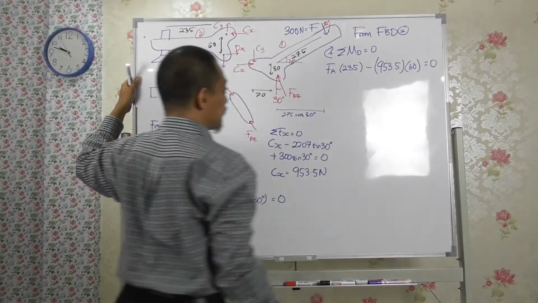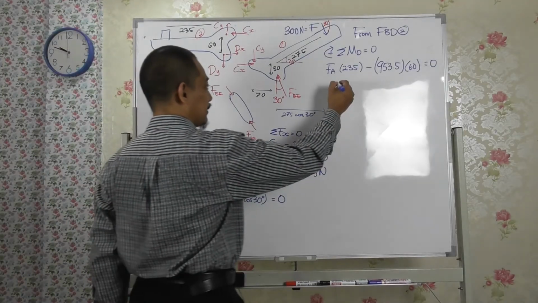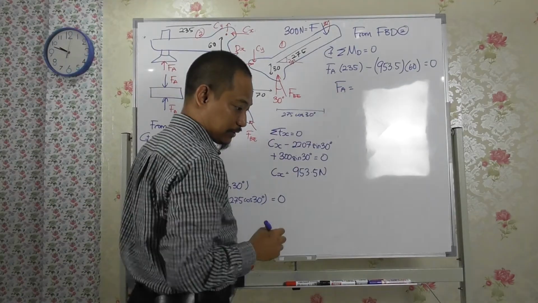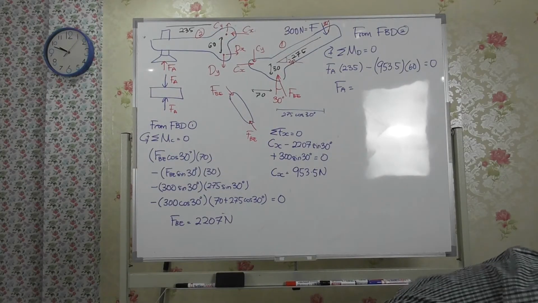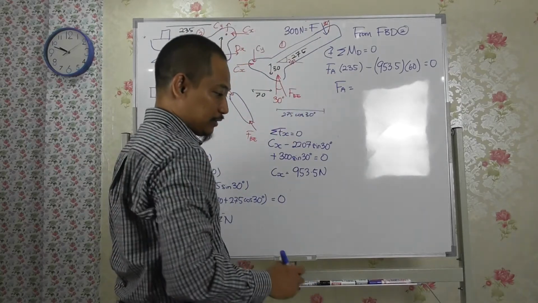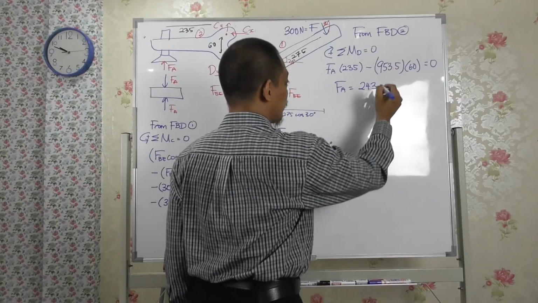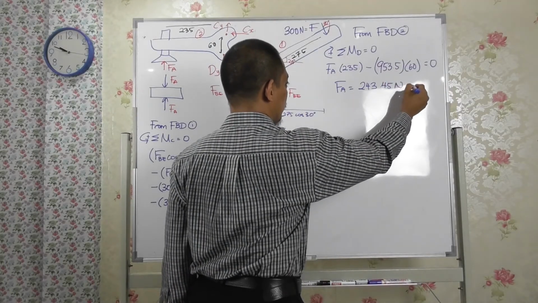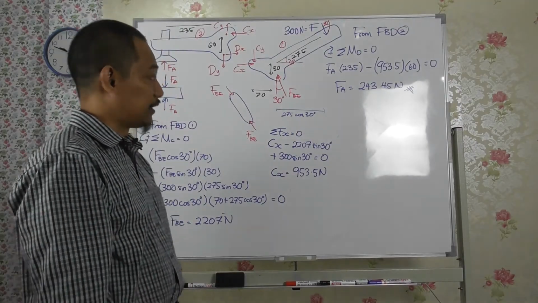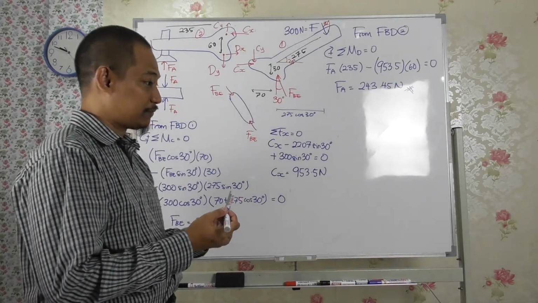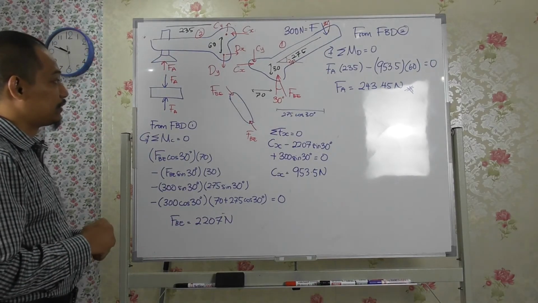This is equal to 0, because that is the only other force that produces moment about point D. So from there, if you calculate, Fa equals 243.45 Newton, or basically 243 Newton. And that is your answer, because the question only asks for the force at A, right?